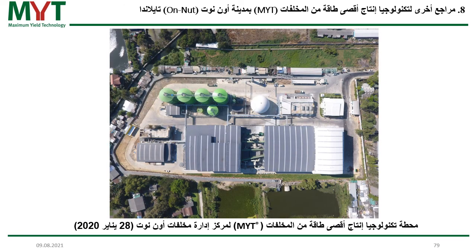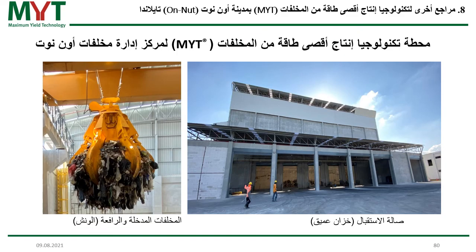Here you have the bird's eye view on the MYT facility in Bangkok when it was erected at Onut. This is the entry. And here we also have a deep bunker, we can work with a crane. So there are many ways to set up this MYT process in a more economic way, as you have seen it in Ringsheim in Kahlenberg. Of course, that was the reference plant, the first plant.